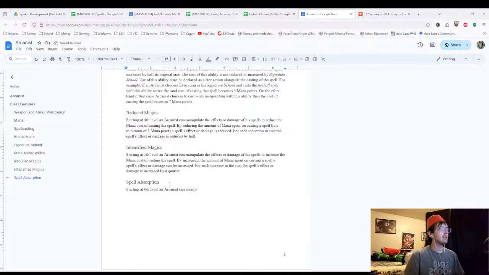Starting at 6th level, an Arcanist can absorb magical energy, can absorb residual magics left over from spells that were recently cast.